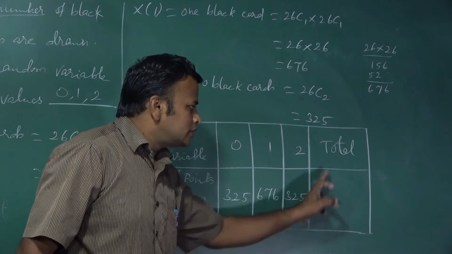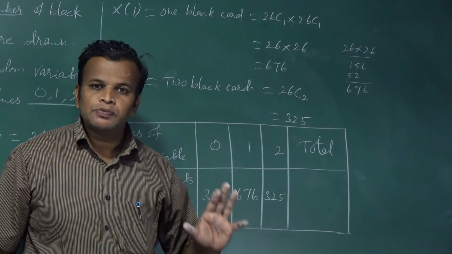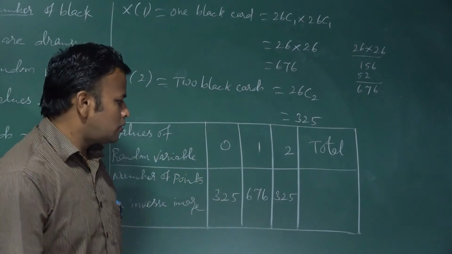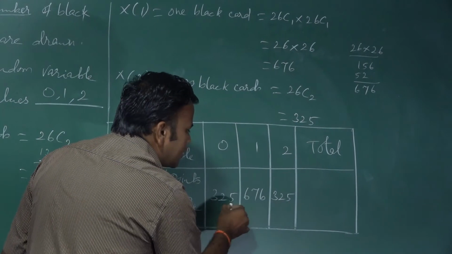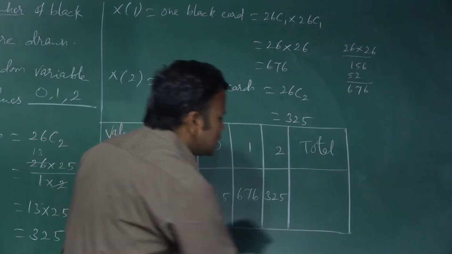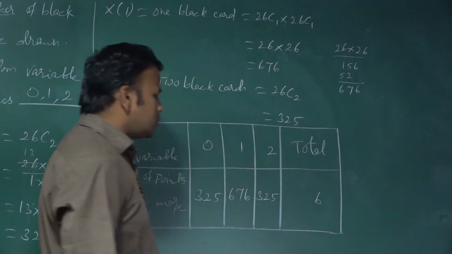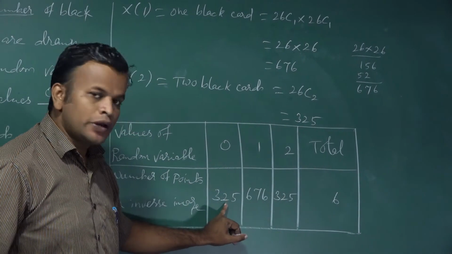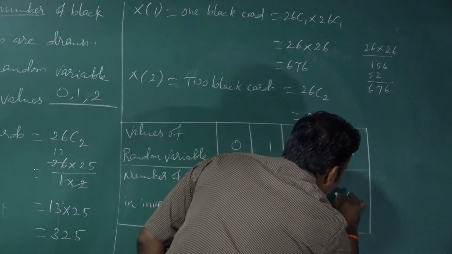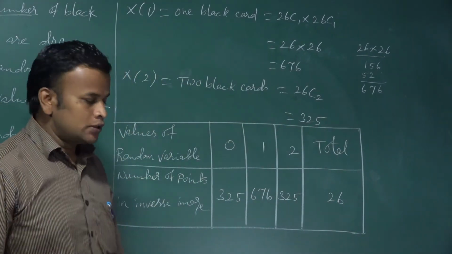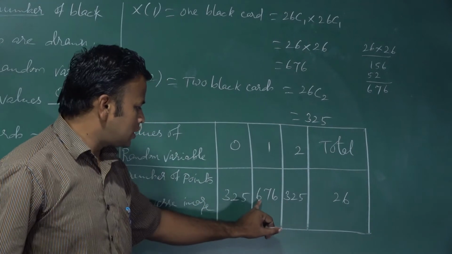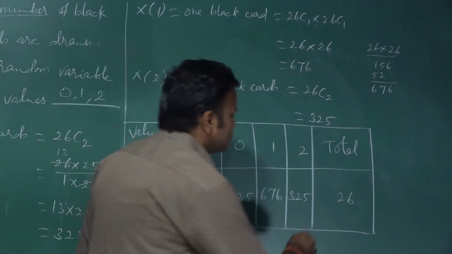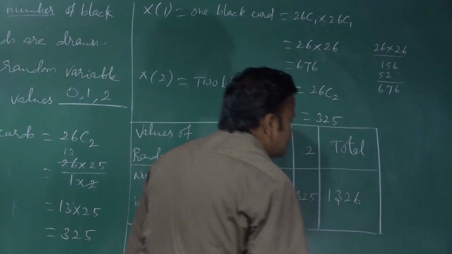To add, the total must be equal to the sample space. So now we add: 5 plus 5 is 10, plus 6 is 16. In 16, write 6, remainder 1. 1 plus 3 plus 2 is 6... so the total is 1326.